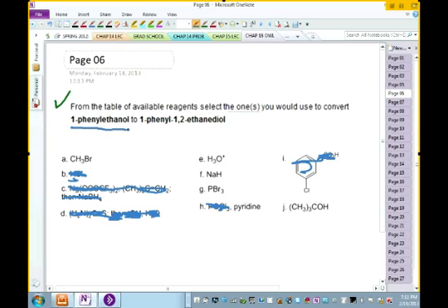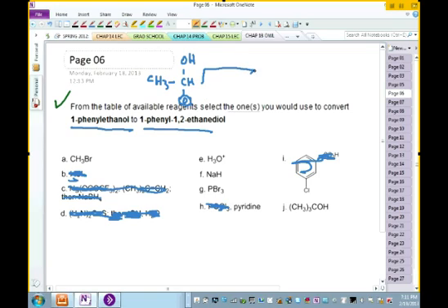One phenyl, going from one phenyl ethanol to one phenyl 1,2-ethane diol. Okay, let us see what those look like. One phenyl ethanol, so we have ethanol. Okay, that's one phenyl ethanol, right?